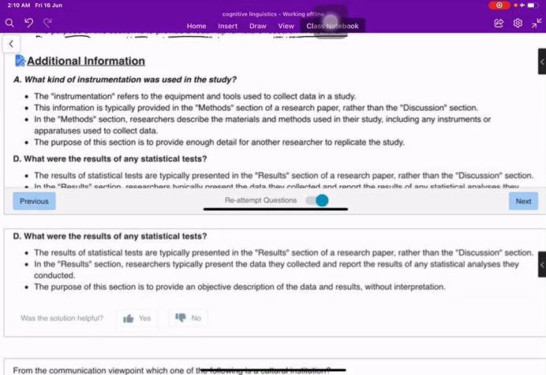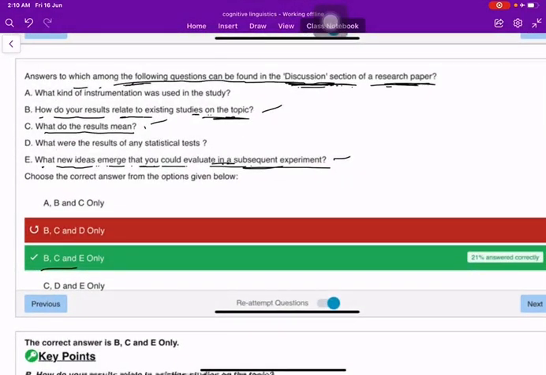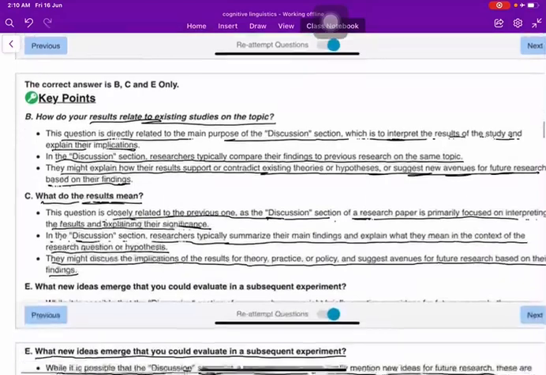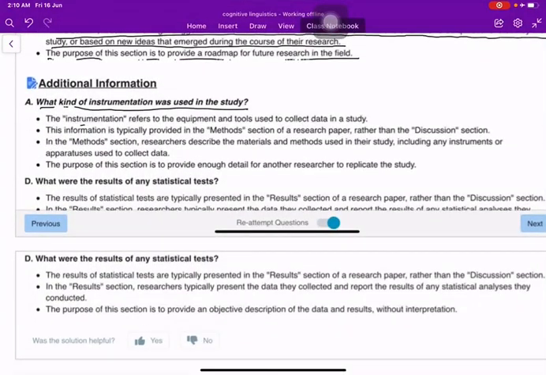Now, additional information. What kind of instrumentation was used in the study? This question was not selected for the discussion section. The instrumentation refers to the equipment and tools used to collect data in a study.